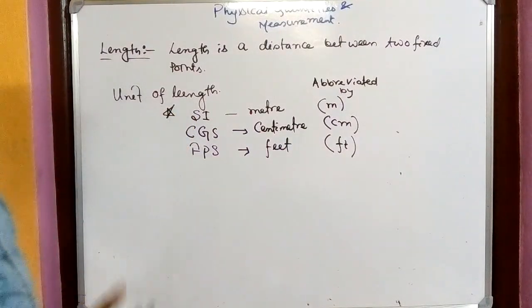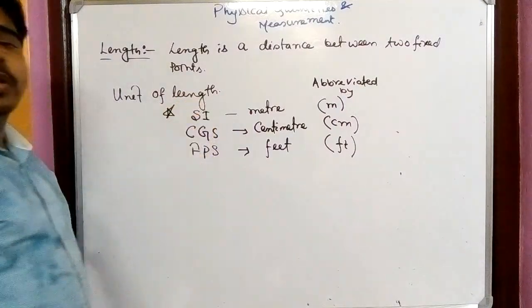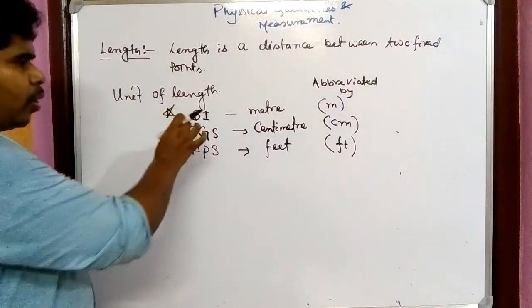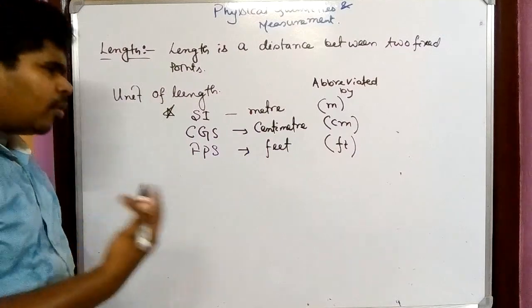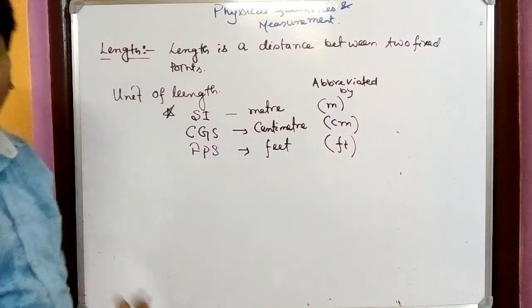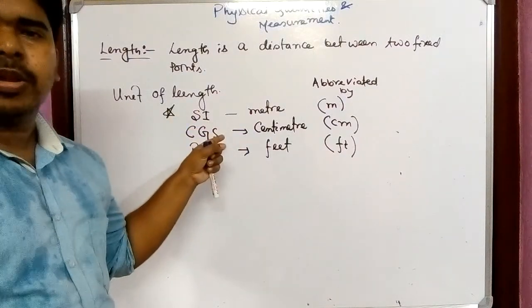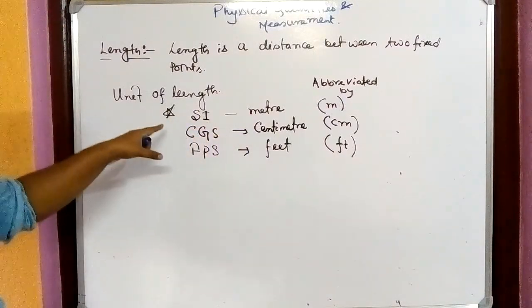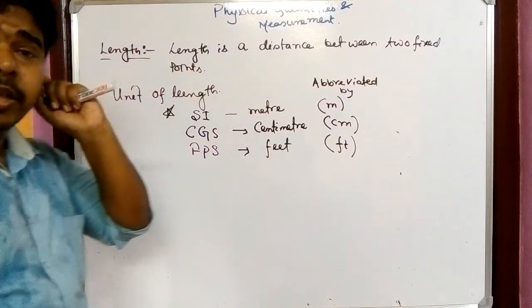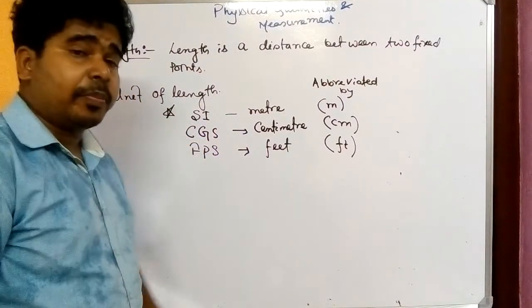I have already told you SI is the international system. Basically it is a Latin term, Systeme Internationale, as I told earlier. So we have to follow the SI unit much more than the CGS and FPS units.